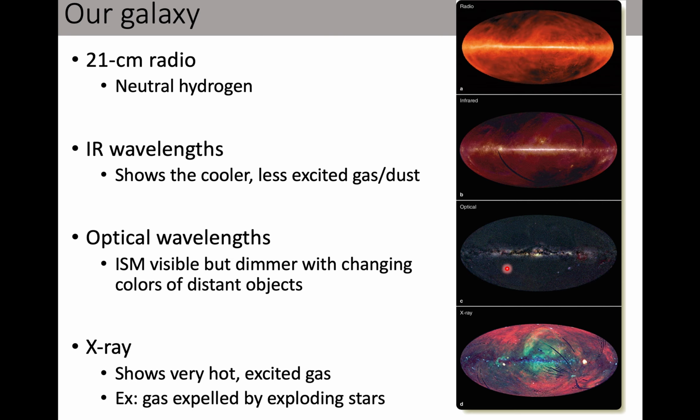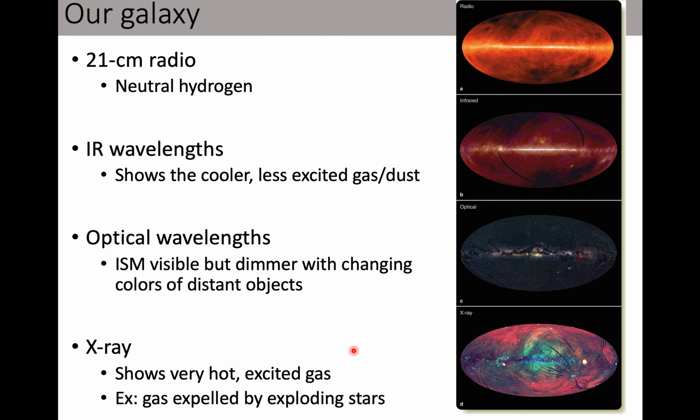So in the visual wavelengths, we see that the dense area of ISM that is observed in the radio wavelength is causing some of that interstellar extinction, blocking some of the light in the visual. And then in the X-ray wavelength, if we're looking only at the very, very short wavelengths, we see all the very, very hot, very excited gases in our galaxy.